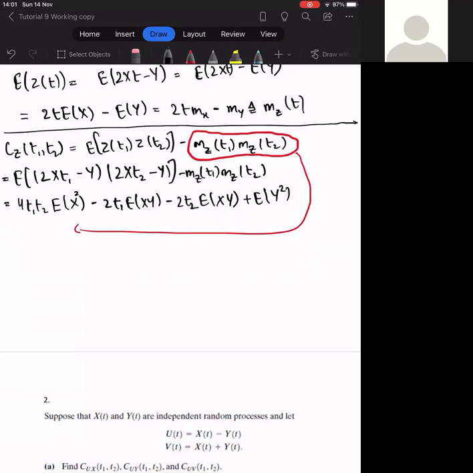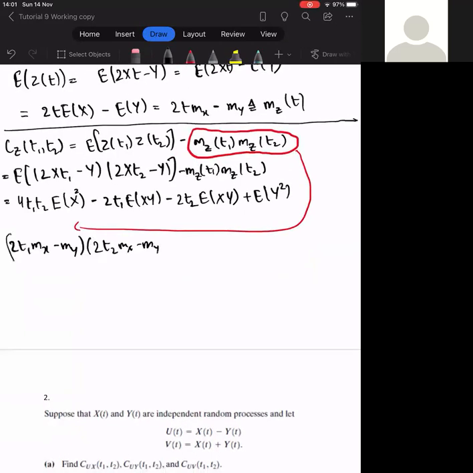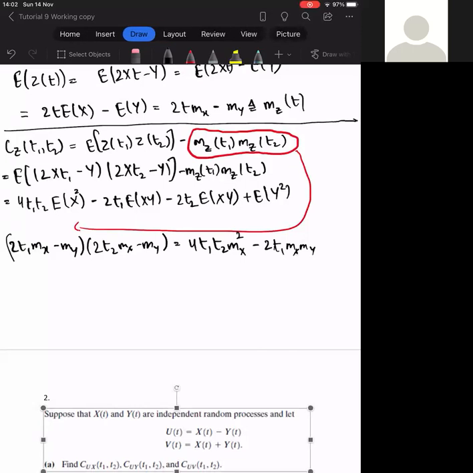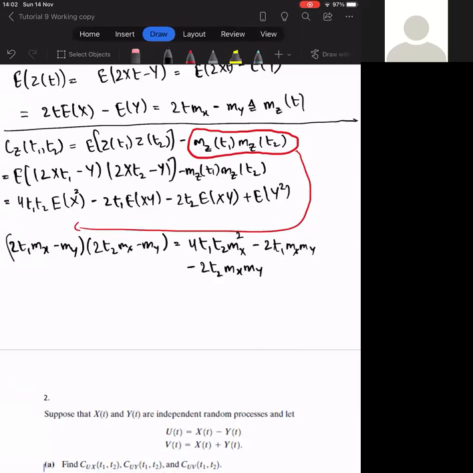If we expand this, we get 4 t1 t2 mx squared minus 2 t1 mx my minus 2 t2 mx my plus my squared.